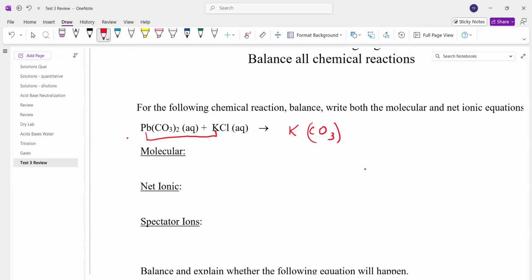and carbonate, if you look on your common ion chart, is a -2. Potassium is +1. So how many Ks do we need? 2. Good. Okay, is it +2 or +4? It should be +4 because of two carbonates, and they're -2 apiece.